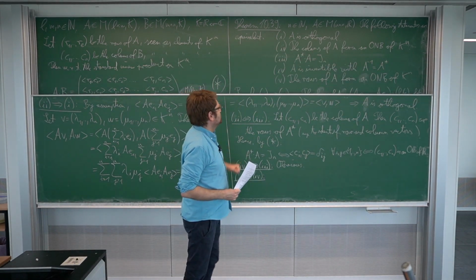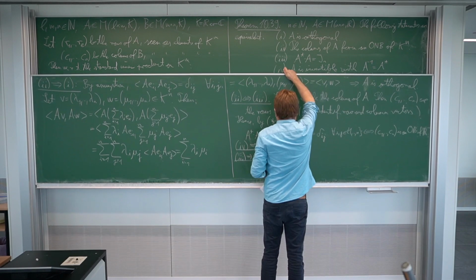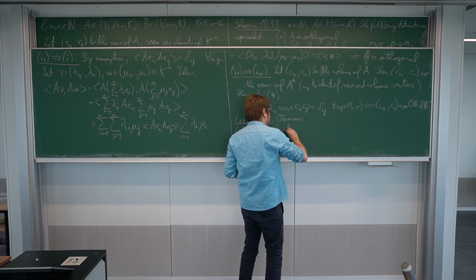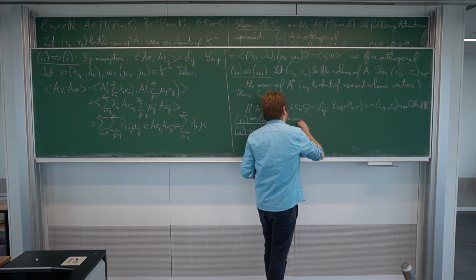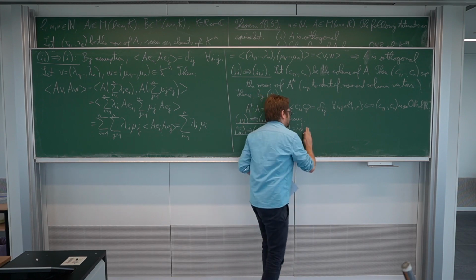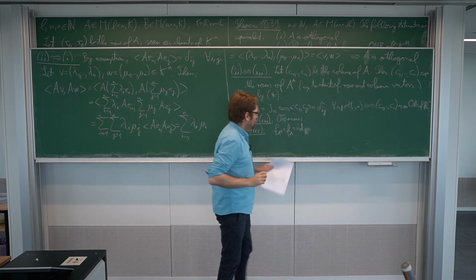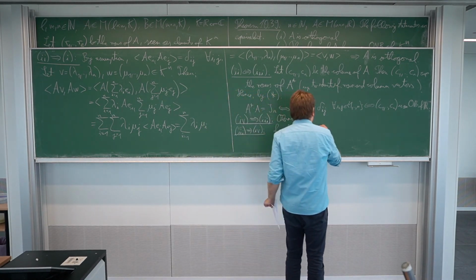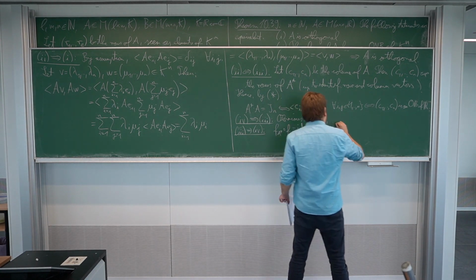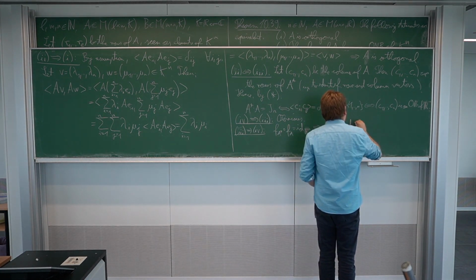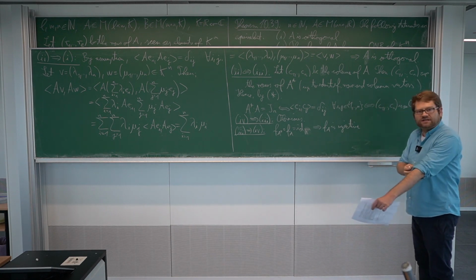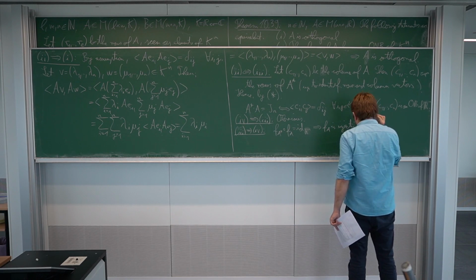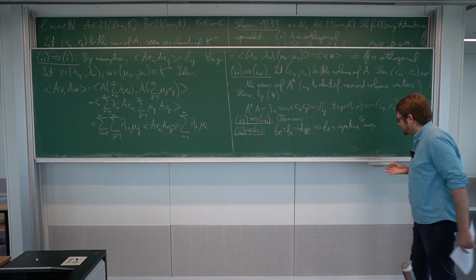So if this holds, then we get an equation for the induced maps, namely the induced map FAT composed with the induced map FA is the identity on Rn. So this map FA has a left inverse, and if you think back to the very beginning of Mathematics 1, this implies that FA is injective, and this is now a linear injective map from Rn to Rn, and an injective map between vector spaces of the same dimension is an isomorphism.